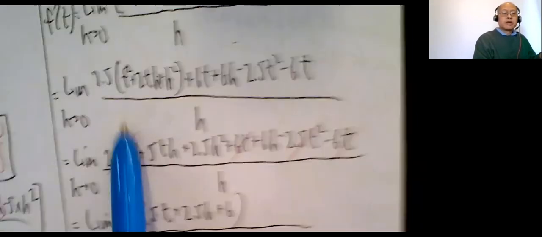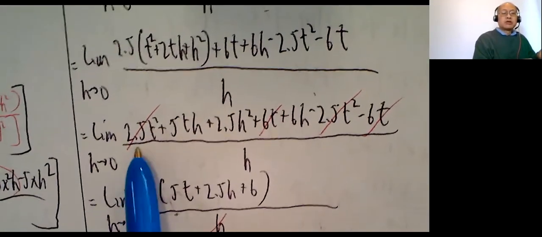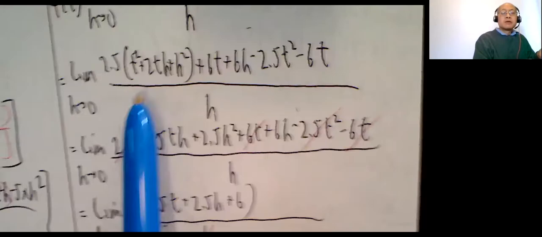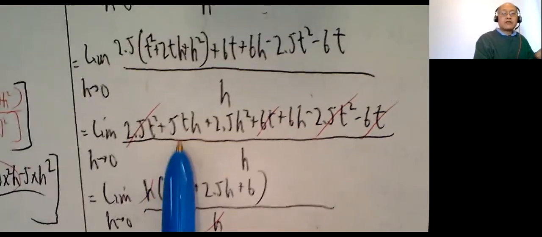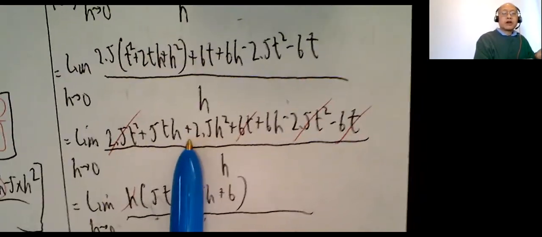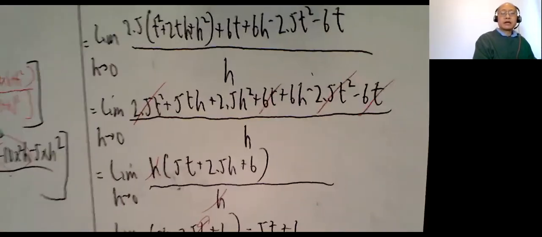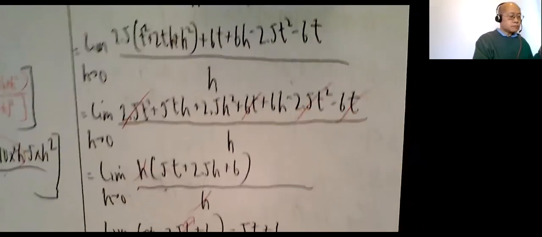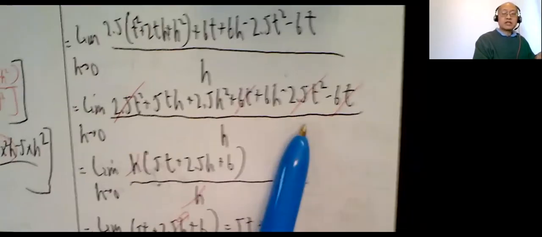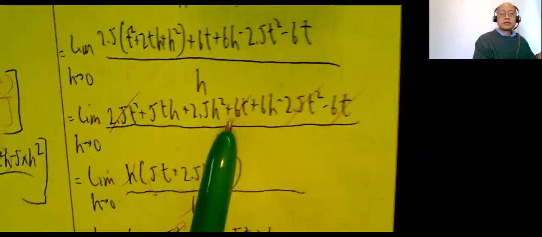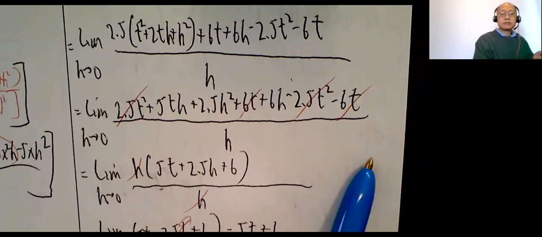Distribute this. So limit as h approaches 0 of 2.5 t squared plus 2.5 times 2 is 5th plus 2.5 h squared. Copy that, copy that, cancel. 2.5 t squared cancels. 6t cancels.